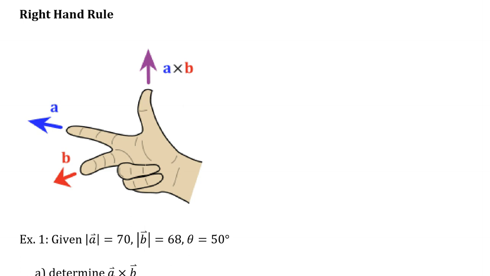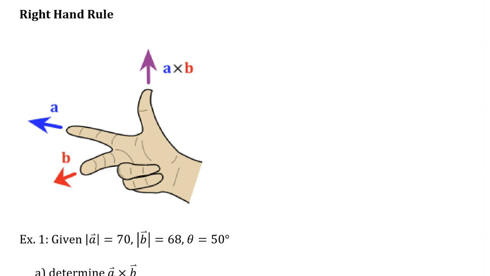So essentially, you hold your hand the way it shows here, and you line up your fingers with vectors A and B, which would be in 3 space somehow, and the angle between your two fingers would be theta, the angle between them. And they don't have to be pointing exactly the same way as A and B. They just have to be lined up generally.